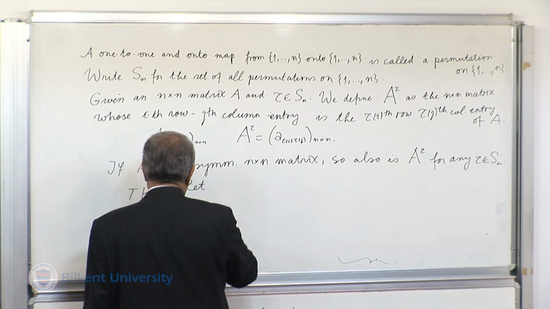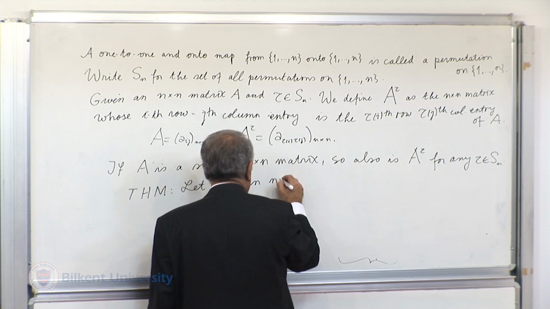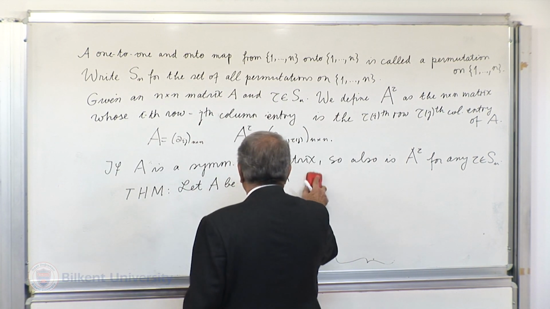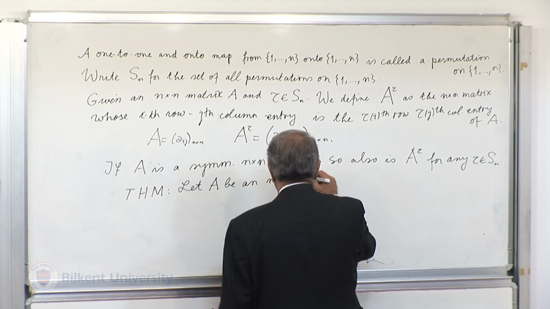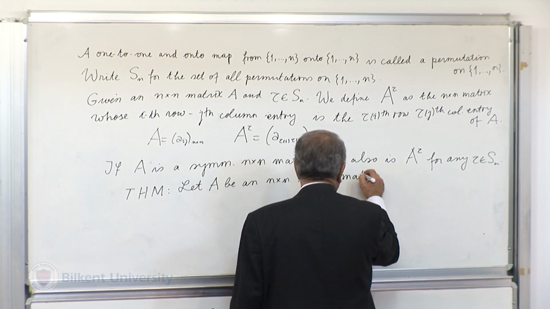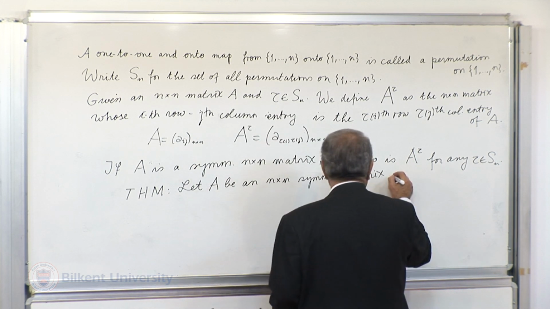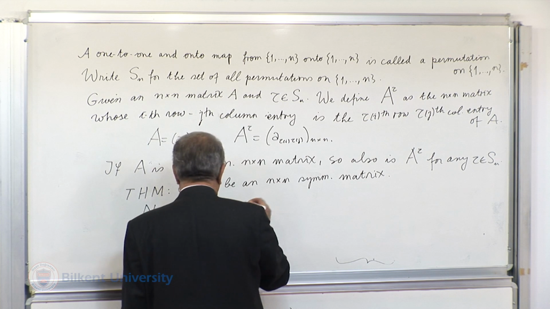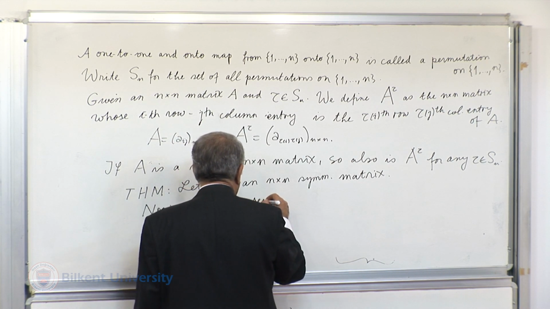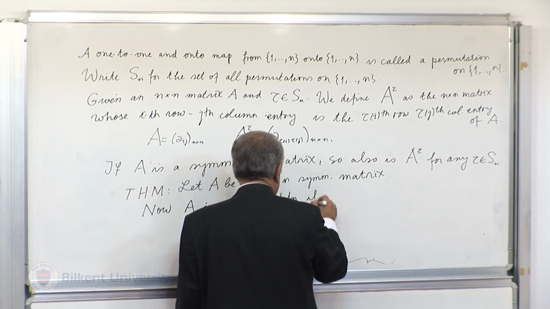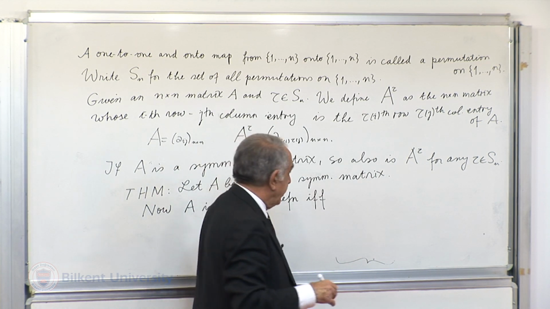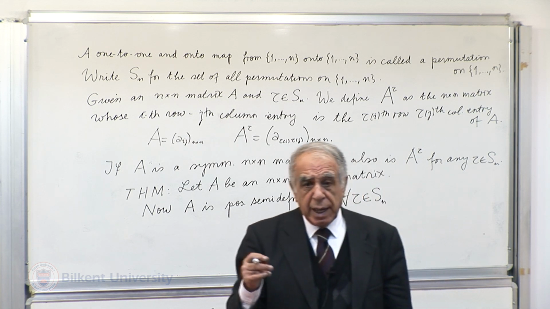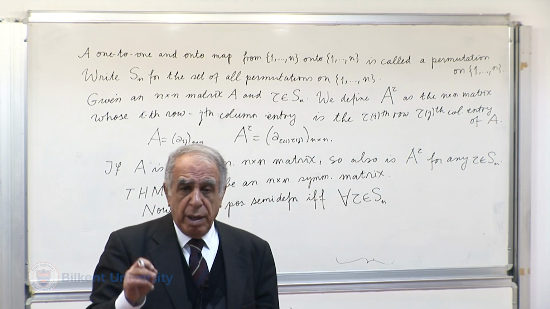Let A be an n by n symmetric matrix. Now, A is positive semi-definite if and only if for all tau in S sub n, we will not just consider A itself, but we will consider all permuted forms.